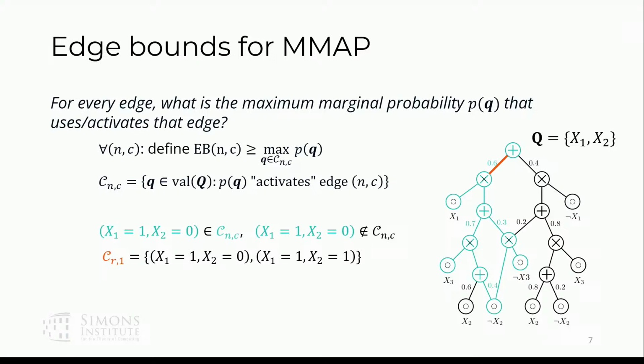So in this edge, we'll have these two partial assignments appearing in that set, and the goal is to compute a bound that will return the larger or maximum marginal probability between these two assignments, if we're looking at this particular edge.